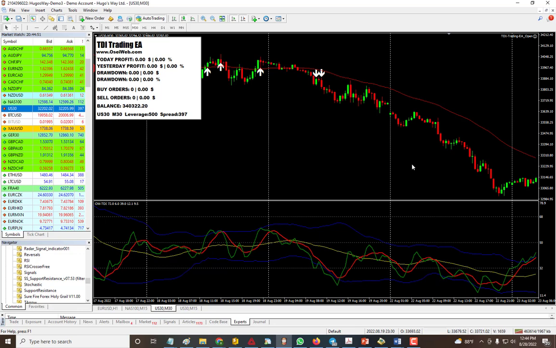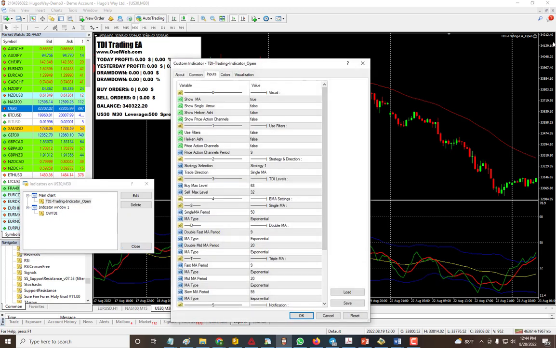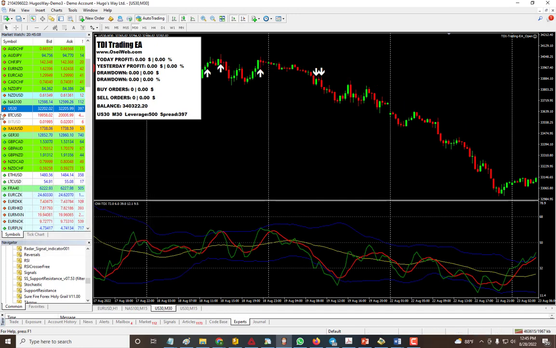I have US 30 that I'm using for this example. Once you have something that works, you can then use the EA to set up the same thing, because they have the same features and the EA will trade.